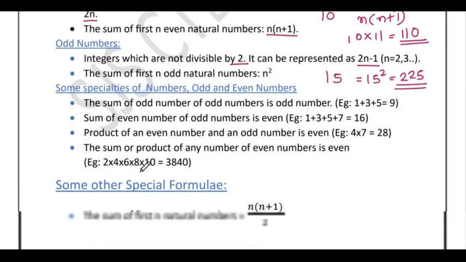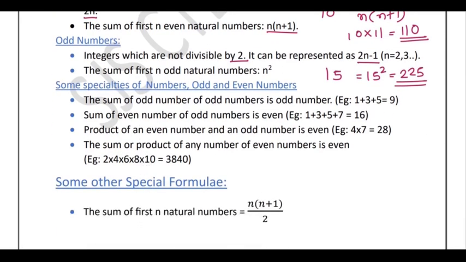Now, some specialities of odd numbers and even numbers. The sum of odd numbers is an odd number when you add an odd number of them. We don't have to be confused by this statement. Just very simple: when you add 1 plus 3 plus 5, how many numbers are there? 3 numbers, and 3 is an odd number, right? So 3 odd numbers added, you get an odd number as the answer.